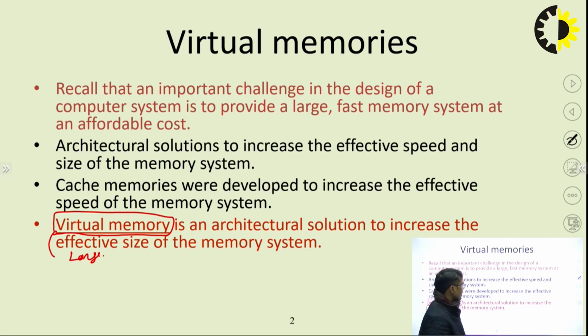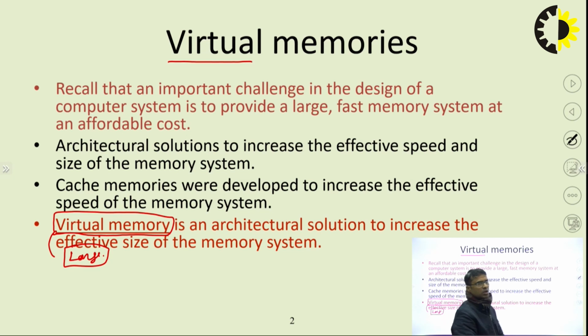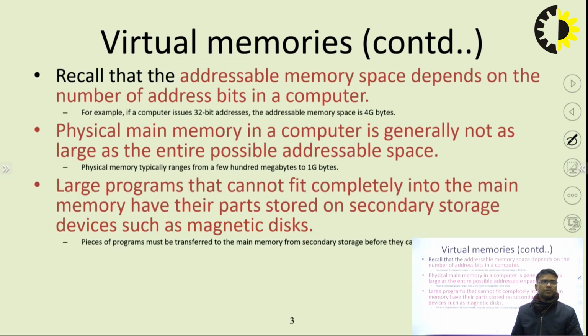So we came to know that virtual memory plays an important role to provide a large space for the processes and programs run by the user. We know that addressable memory space depends upon the number of address bits in a computer. For example, with a 32-bit address, we have a total address space of 4 gigabytes.